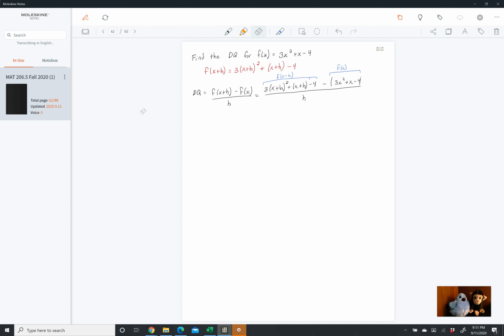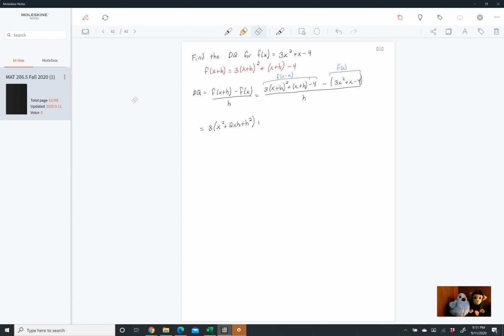Okay, we're going to do two things at once. We can distribute the negative, and we're squaring the x plus h squared, right? Okay, so this is equal to 3, and then from the previous page, we know that x plus h squared is x squared plus 2xh plus h squared.